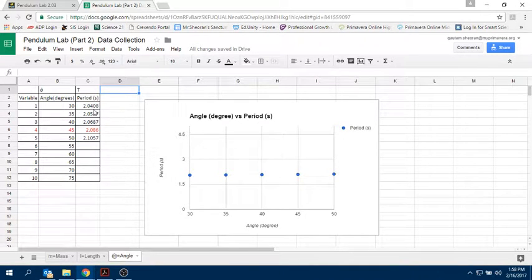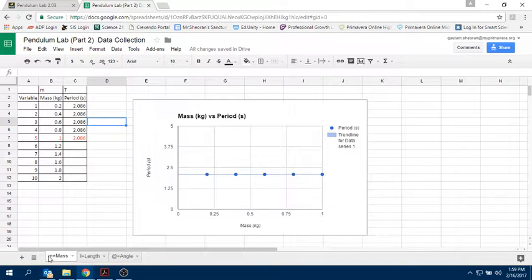But if I were to round this: 2.1, 2.0, 2.1, 2.1, 2.1, 2.1. So if I were measuring less precisely as I was with the stopwatch, I would actually see that I'm getting a little change at the beginning, but very little change overall. All right, so that should get us through the collection of our 3 pieces of data.